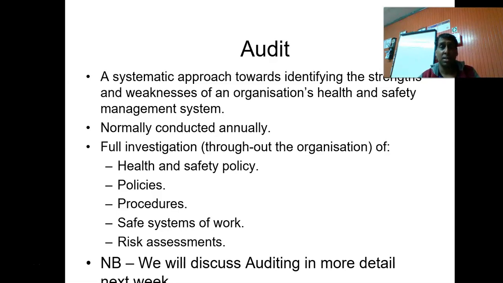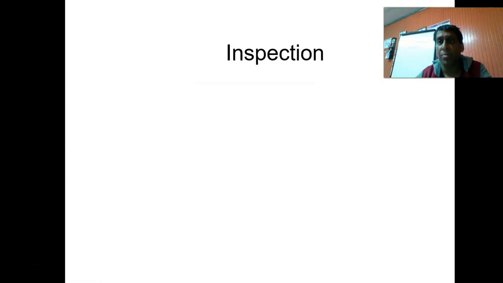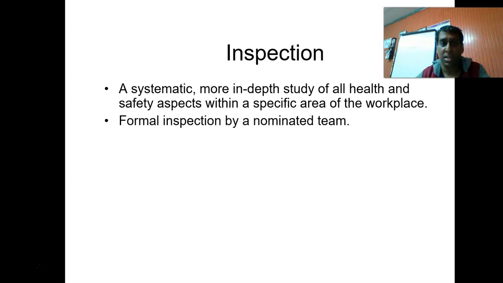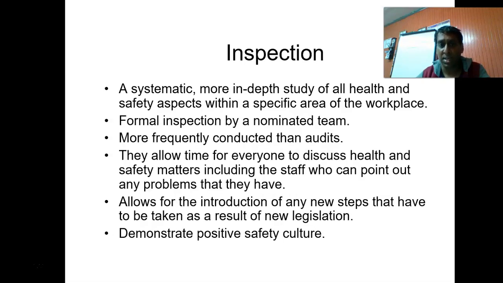So for example, an audit may look at documents, equipment, working conditions, etc. But if you're going to inspect, let's say, a forklift, you are just inspecting one piece of safety equipment, or one safety aspect. The audit is more holistic, in that it may look at the safe system of work, the manufacturer's instructions for using the forklift, and the procedures the company is using.